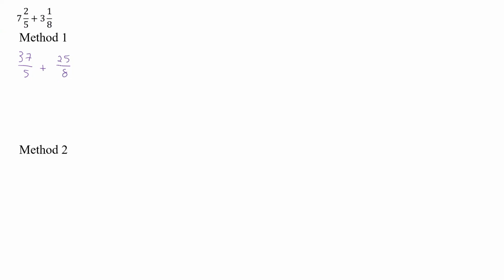Now we have our two fractions as improper fractions, but what we have to do now is get these to be common denominators. So if we look, the LCD of these two is just going to be 5 times 8, which is 40. And so we're going to take the first fraction, 37 over 5 times 8 over 8. Then we're going to add to that the 25 over 8 times the 5 over 5.